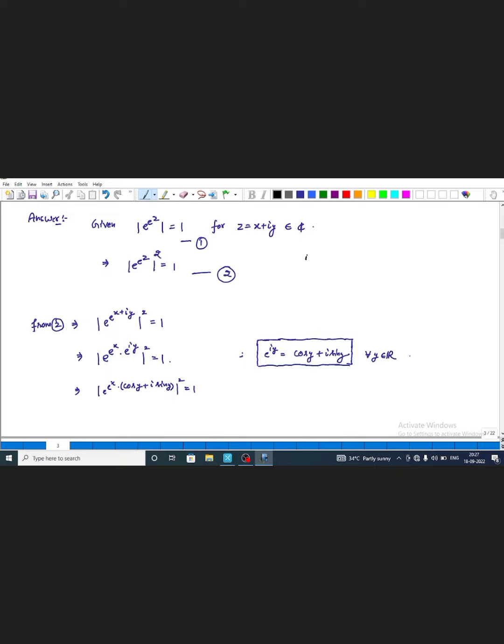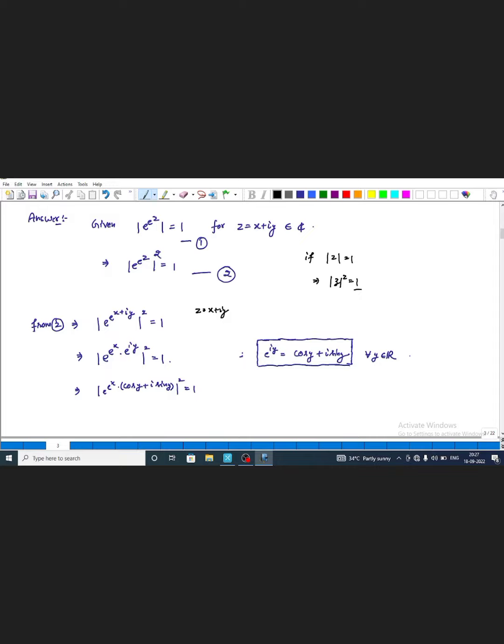As we know, if mod of z is equal to 1, this implies that the square of mod of z is equal to 1. Using this result, the square of this is equal to 1. Say this is equation 2. Now from 2 we have the square of modulus of e power x plus iota y, because z equals x plus iota y.